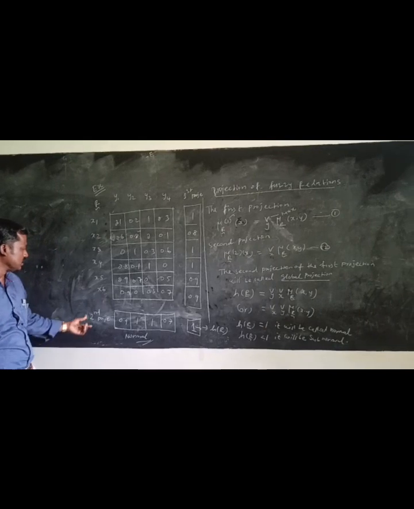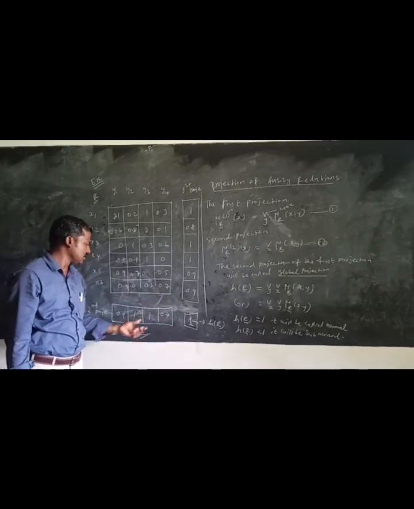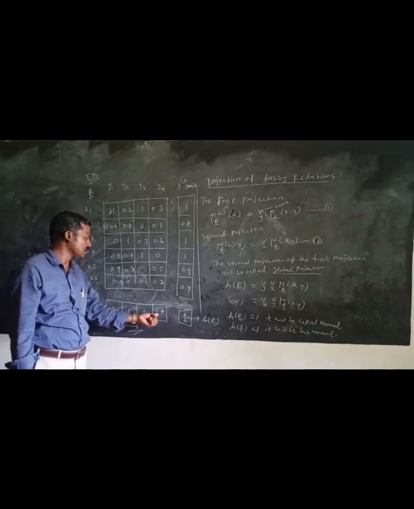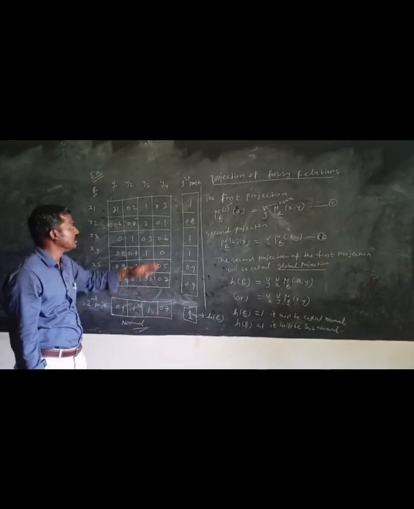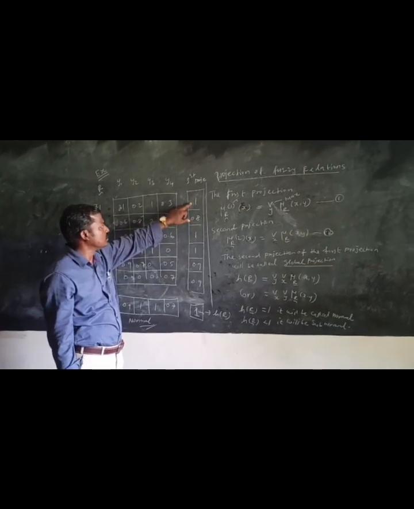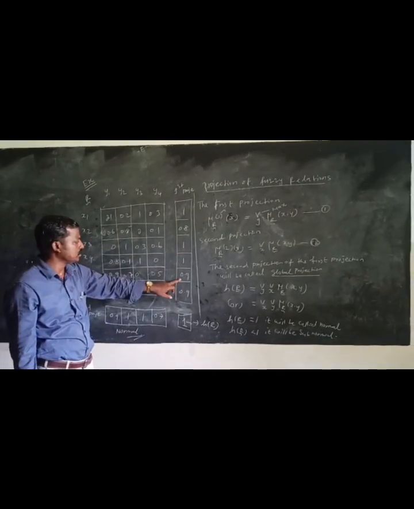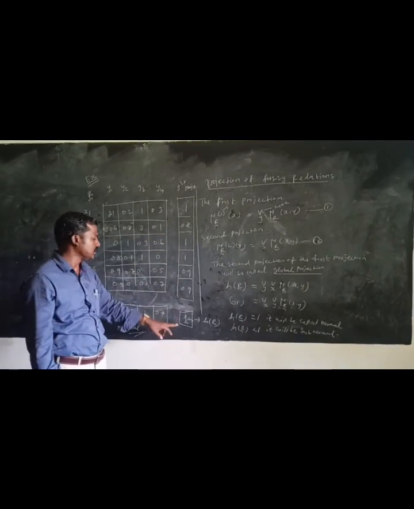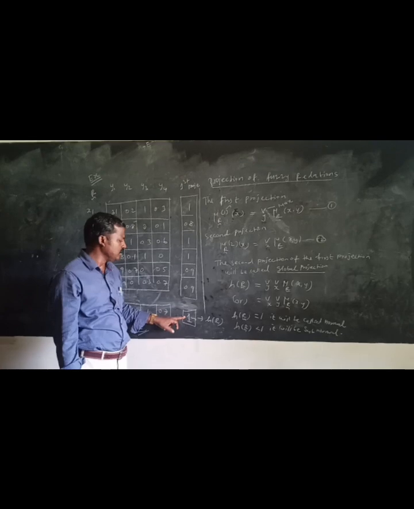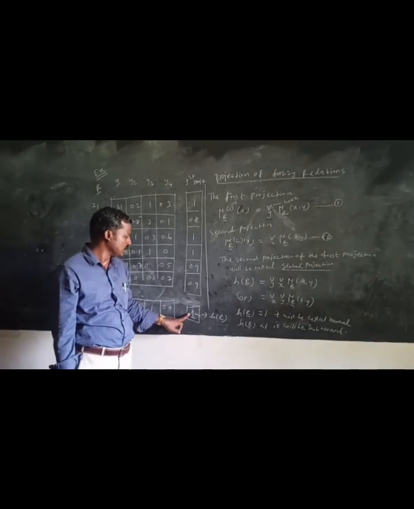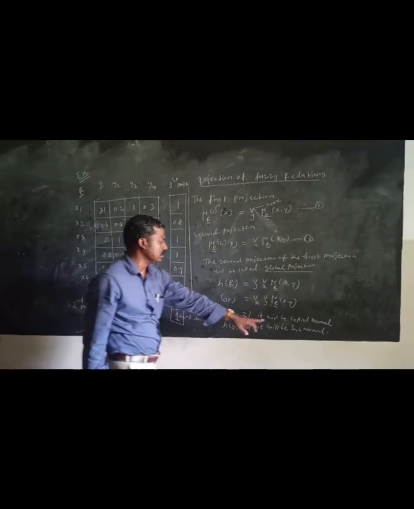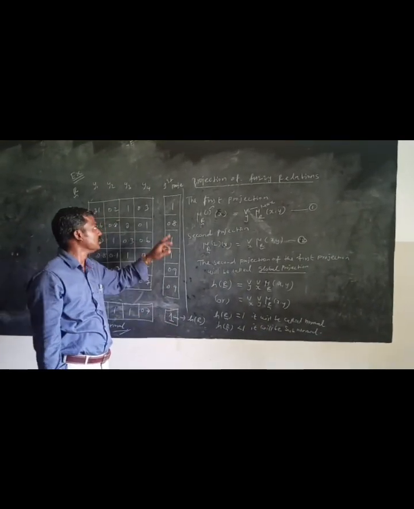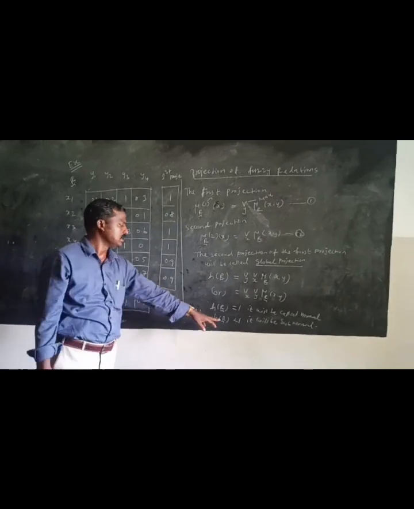And the global projection, the second projection of the first projection: the maximum of 0.9, 1, 1, 0.7 is 1, and the maximum of the first projection values 1, 0.8, 1, 1, 0.9, 0.9 is 1. Therefore, the second projection of the first projection is 1. Since the global projection value is 1, it is called normal. Suppose the value is less than 1, then the relation R is subnormal.